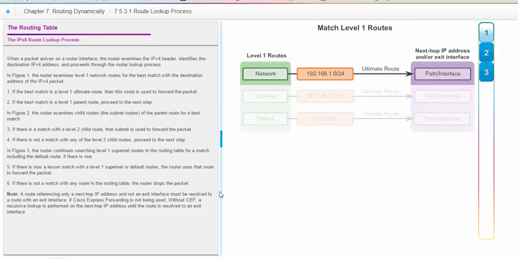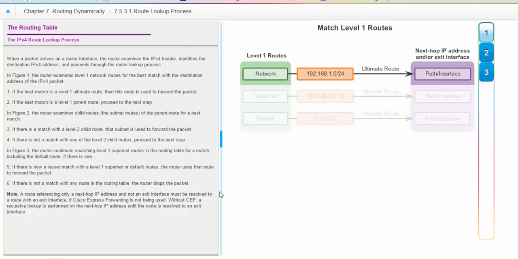Now, when your packet arrives at the router interface, it's going to look at the IPv4 header. It identifies the destination IPv4 address and proceeds through the router lookup process. First, it's going to look for, is the best match a level 1 ultimate route? If it is, then it goes out that way. If the best match is a level 1 parent route, it proceeds to the next step.